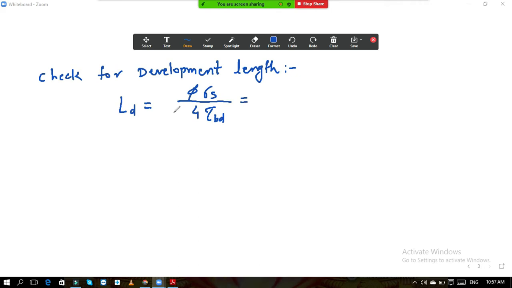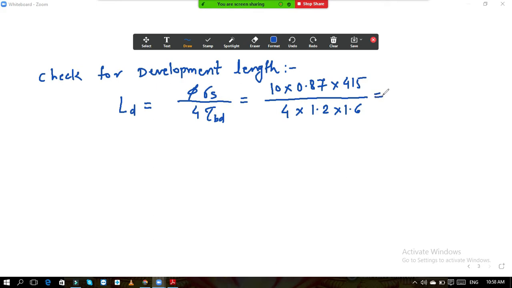So phi is our main steel bar diameter, 10, into sigma s, which is 0.87 into fy, 415, whole divided by 4 into tau BD. The tau BD value is 1.2, increased by 60%, that is 1.6.